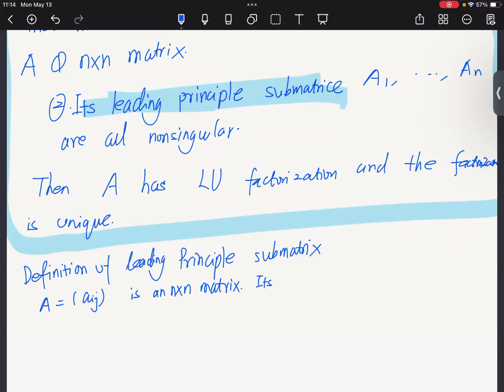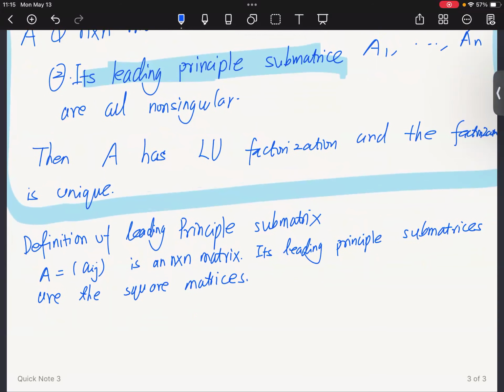Its definition is quite simple. The leading principal submatrix is the square matrix that looks like this, on the top left.